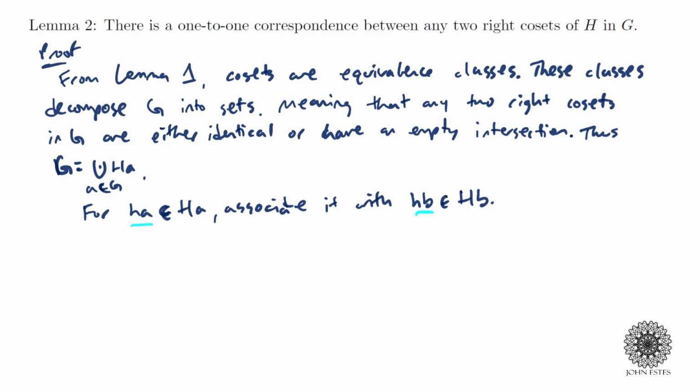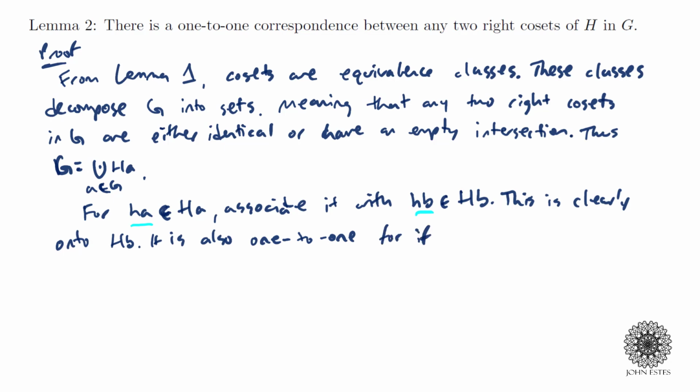Now, I'm claiming that this is the mapping we need. It is definitely onto, because I can multiply all the h's times b, and for each h I can find an ha. Now, is it one-to-one? Yes. Why? Because if we took the elements h1b and h2b and they are equal, since h1 and h2 are in H, that implies that the things they came from will also be equal, so h1 equals h2.